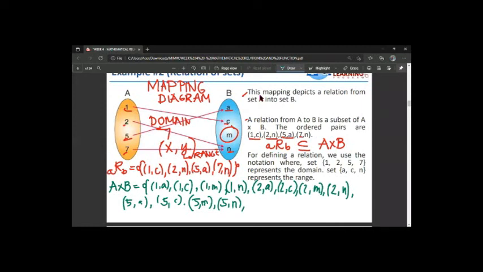Let's go with 7. So 7, comma N. Oh, sorry. 7, comma A. 7, comma C. Then 7, comma M. Then 7, comma N.